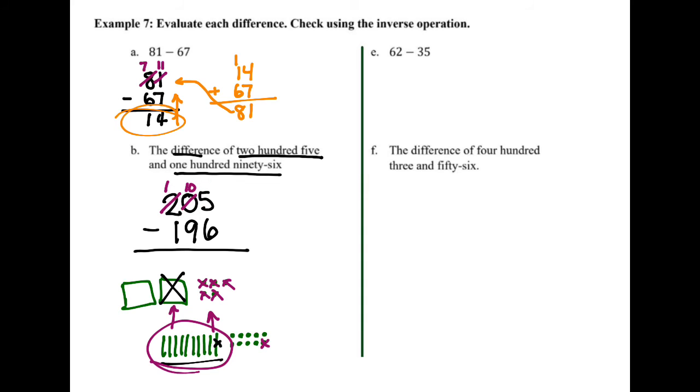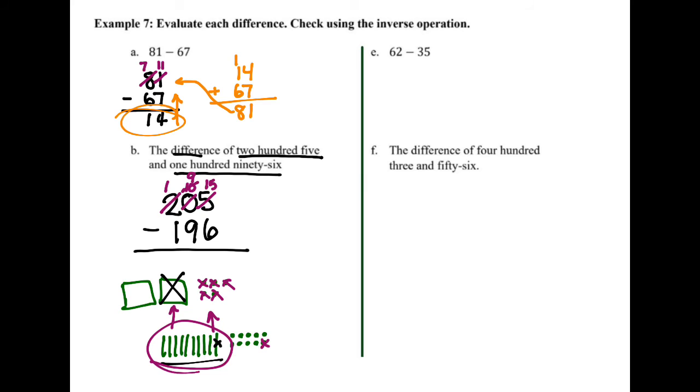Okay, so I need to borrow 1 more time because I still haven't subtracted the 6 from the 5. So 10 is now a 9, and now this 5 is a 15. And if you look down here, here's our 10 ones, and here were my original 5. So we had 15.